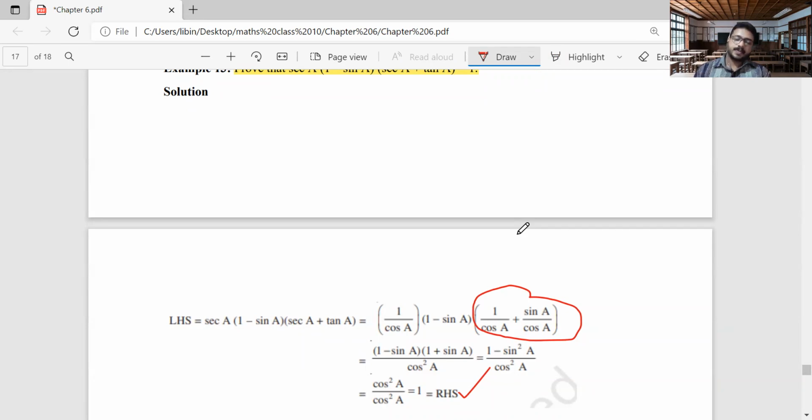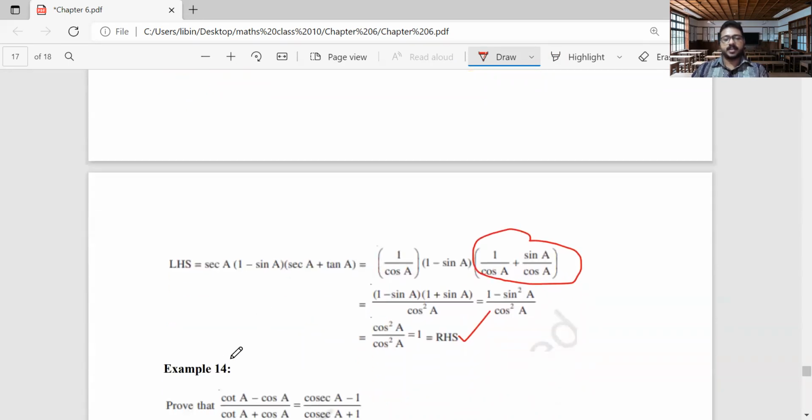Clear? Fine. Now we are moving to our next example, example 14. Prove that cot a minus cos a divided by cot a plus cos a is equal to cosec a minus 1 divided by cosec a plus 1. So whatever is given in the question, look at the LHS.